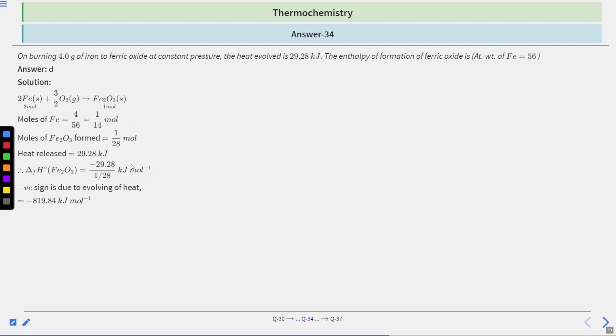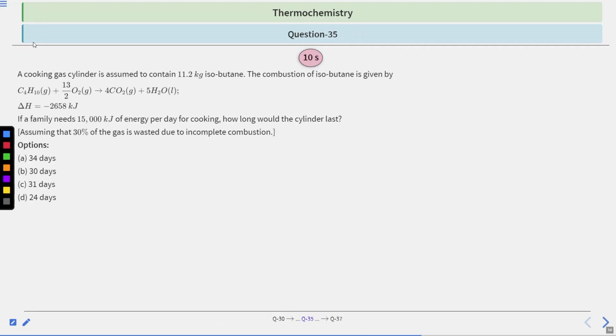Okay, so let's move to question number 35. A cooking gas cylinder is assumed to contain 11.2 kilogram of isobutane. The combustion of isobutane is given by this reaction: isobutane reacting with 13/2 O2, giving 4 CO2 and 5 H2O, and delta H for this reaction is minus 2658 kilojoule.